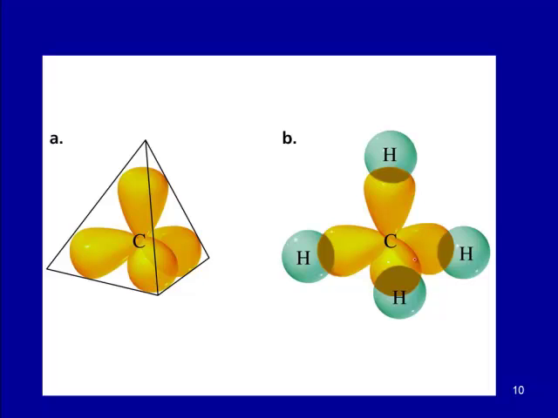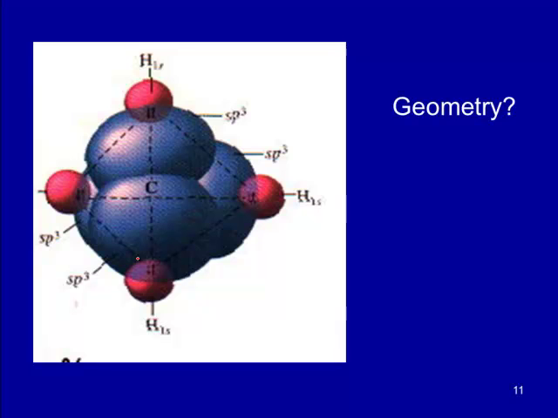When they mix together, they form hybridized orbitals. Then those 4 hybridized orbitals are perfectly tetrahedral, pointing towards the corners, used for hydrogen. Here's another illustration of the geometry. When you have an sp3 hybridized central atom, you are going to have a tetrahedral geometry.